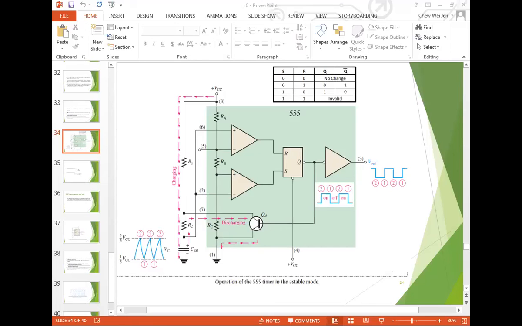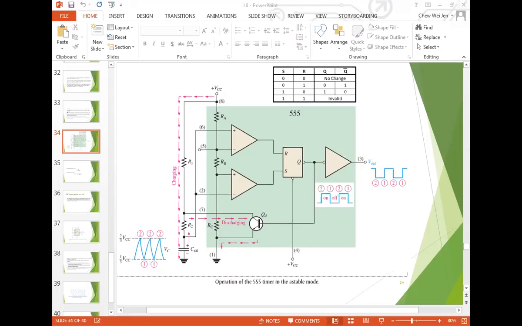Because this one goes high and the other is low, we get a reset. That means Q is 0 and your output now goes low, so the NOT output here is high. High here means you turn on your transistor. The transistor is on now, so you can start to discharge.